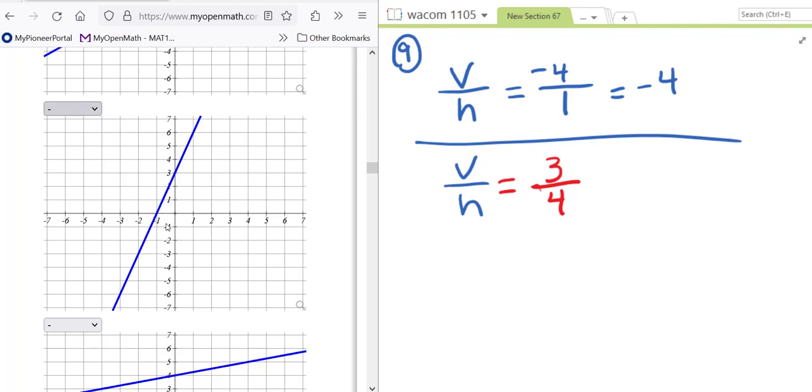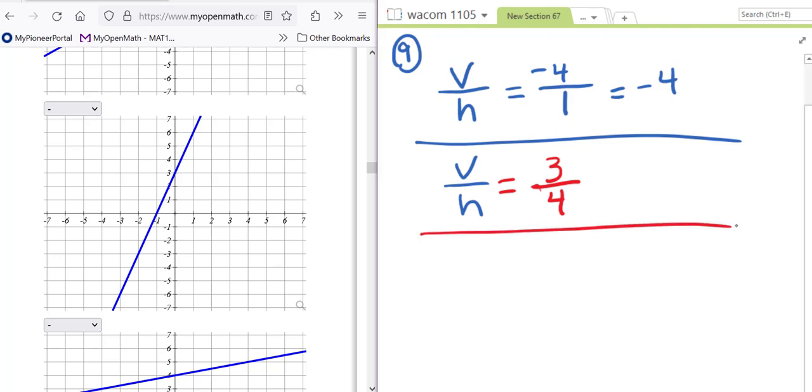Right, this one is also a positive slope. These points are a little easier to see. I'll use this one and this one. So if I start here, I'm going to go up 1, 2, 3, up 3.